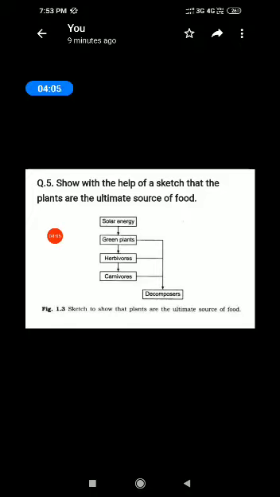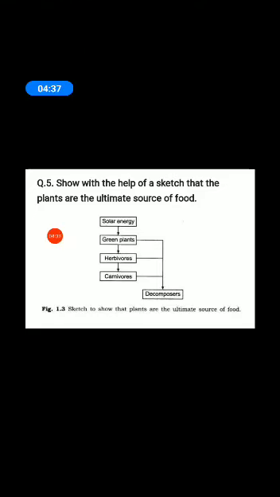Refer to diagram 1.3 in your book, page number 3. Refer to the diagram. Solar energy, green plants, herbivores, carnivores, and also decomposers.